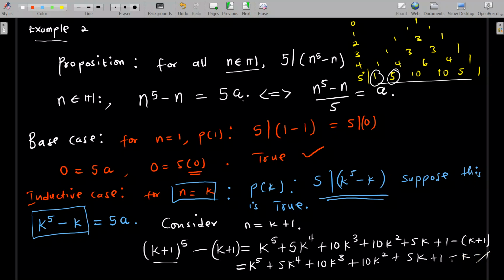So this guy, minus k plus 1, can go, minus 1 plus 1 can go, but notice something: do not subtract this guy from this 5k, because it's going to help us. If we subtract, we're going to have an issue. Now this means I have my k plus 1 to the 5th power minus k plus 1.